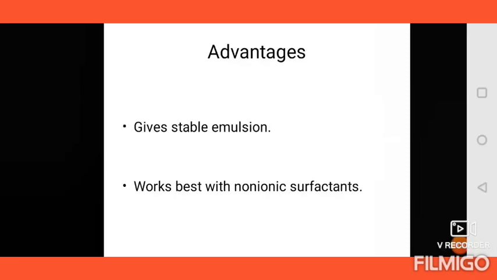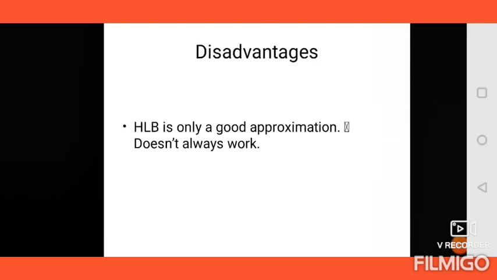The first and most important advantage of this HLB scale is that it gives a stable emulsion and works best with non-ionic surfactants. The disadvantage is that HLB is only a good approximation and doesn't always work.